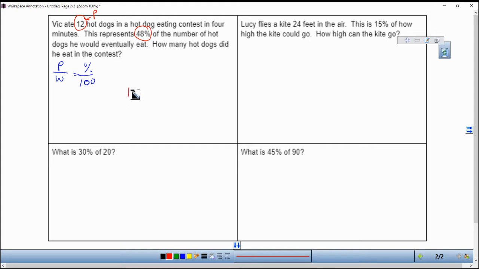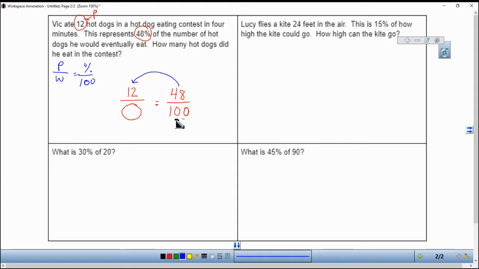So let's set this up. The part is 12. The whole, we don't know. The percent is 48. And the 100 is, well, it's 100. So we're finding how many hot dogs he ate total. Well, can we get from 48 to 12 in one step? I believe we can.